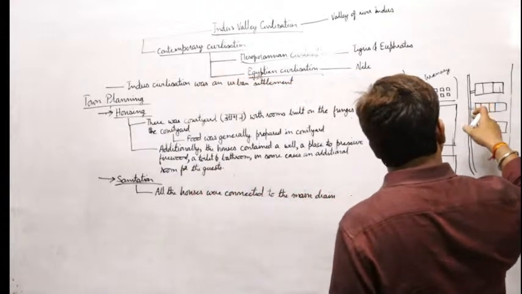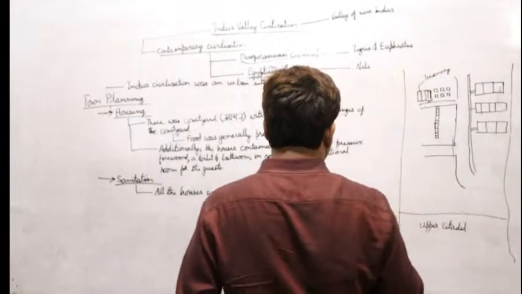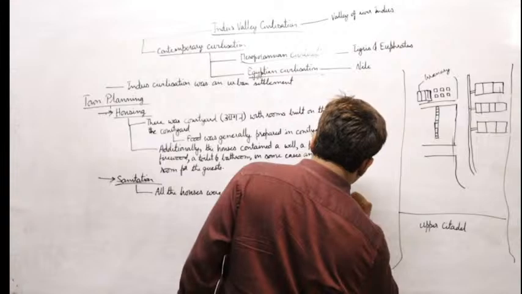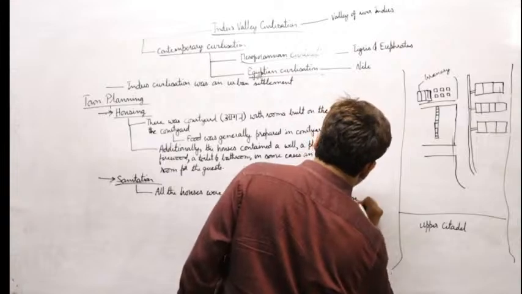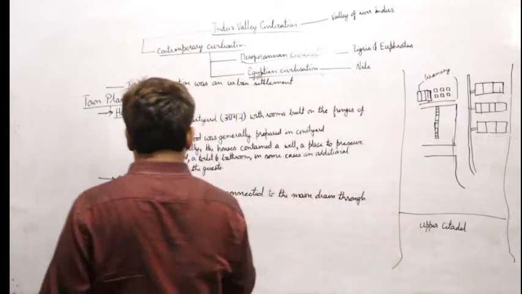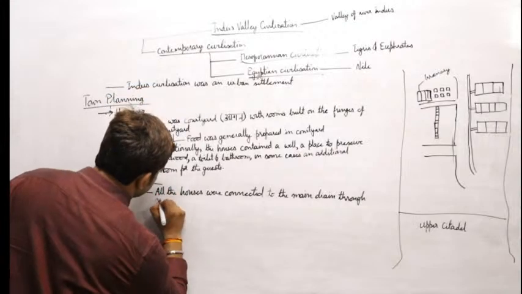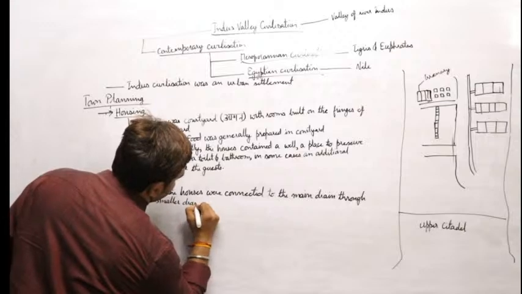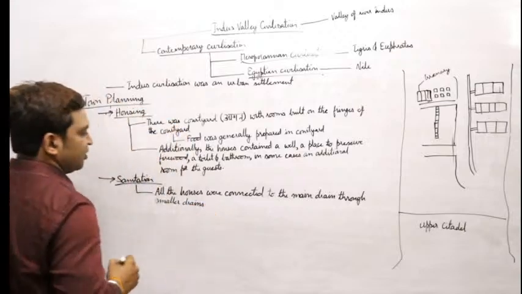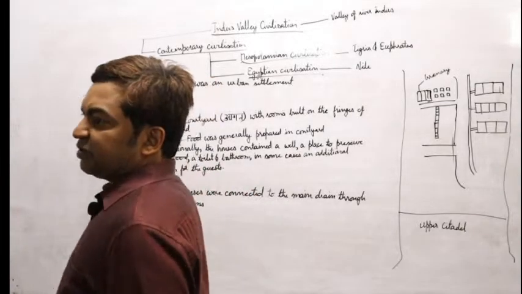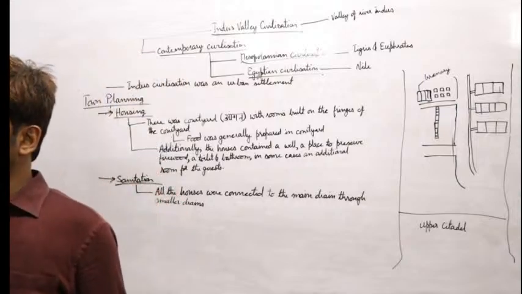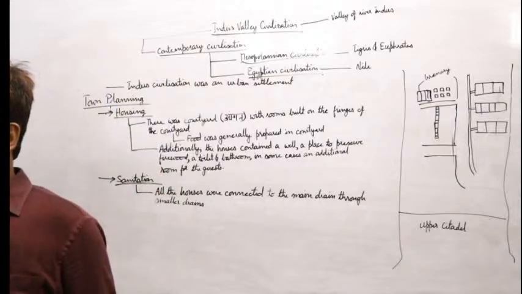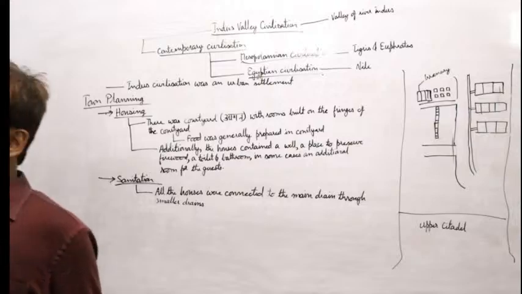As I have already mentioned, main drain, through smaller drains which used to connect all the houses to the main drain.